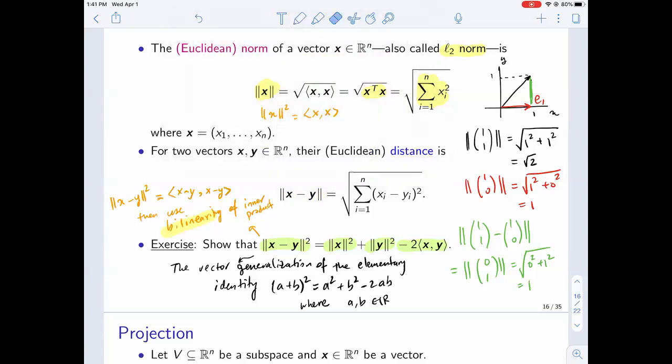Great, thank you. So there was a correction in the chat: a minus b squared is a squared plus b squared minus 2ab. Thank you. Other questions?